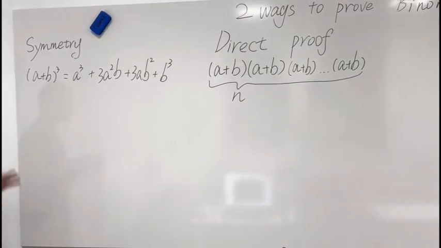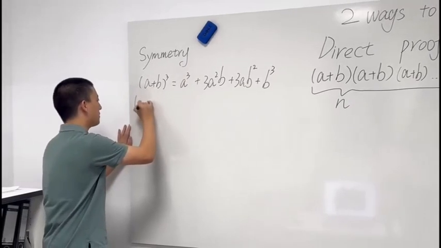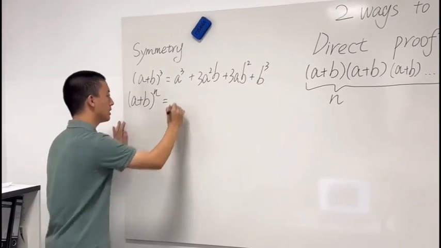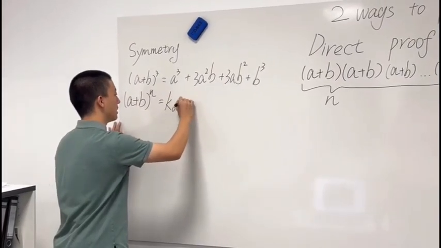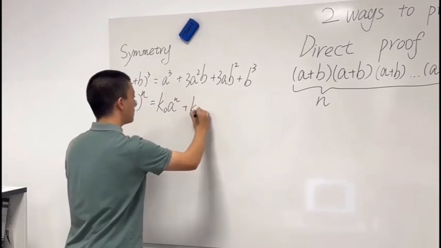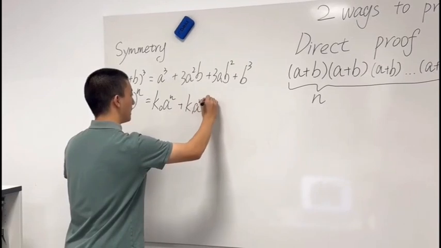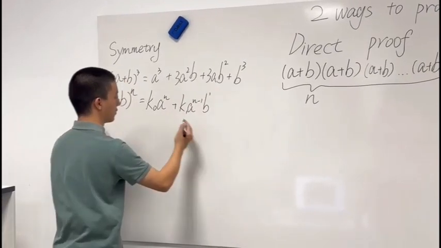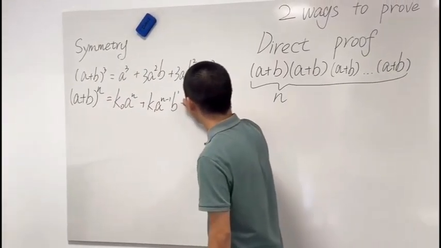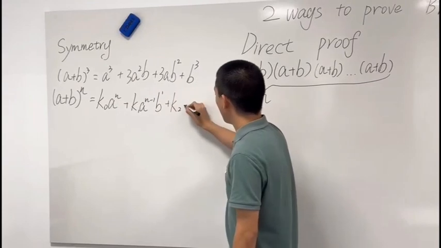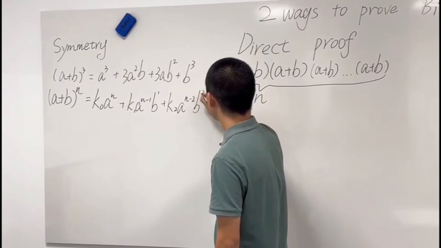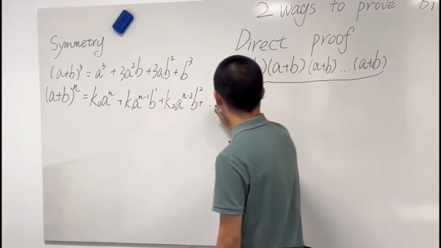So we just assume that (A plus B) to the power of n is equal to K0 A to the power of n, then plus K1 A to the power of n minus 1 times B to the power of 1. So the 0 and 1 mean the power of B. Then the third term will be K2 A to the power of n minus 2 times B squared. Then we have many terms in between.